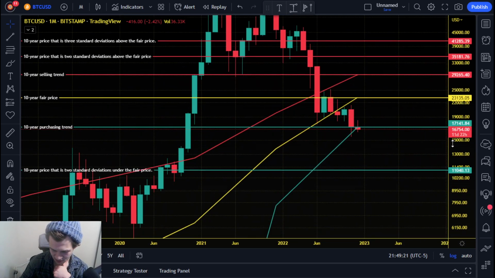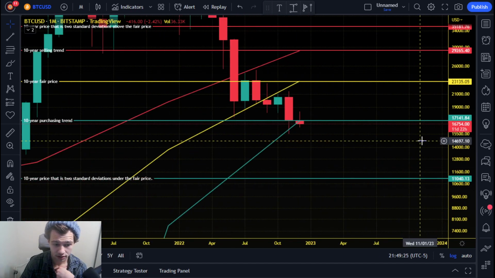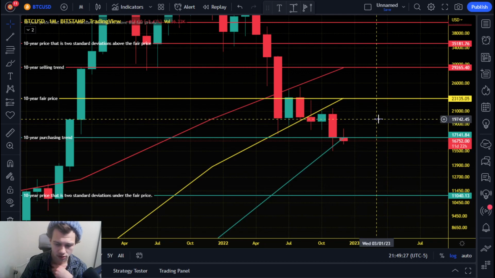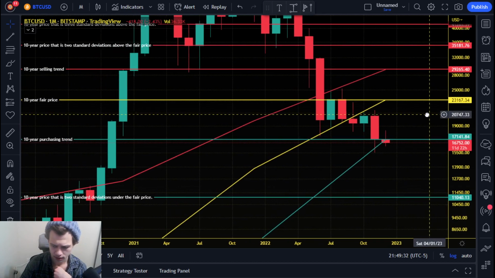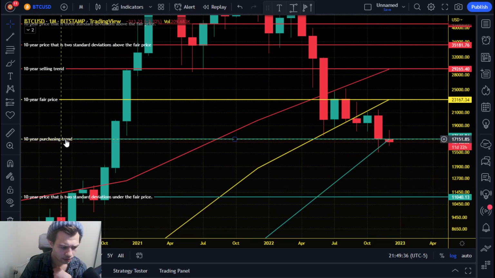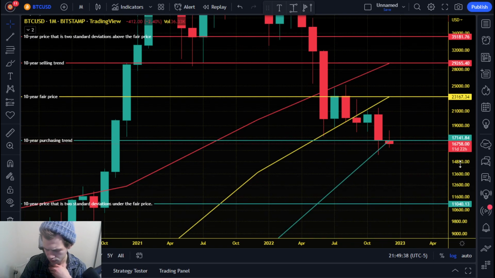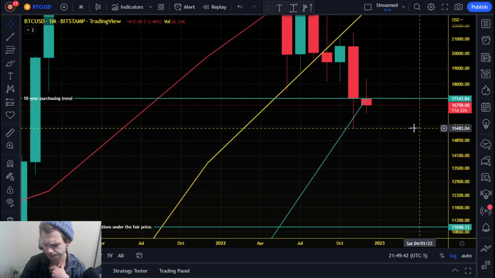So now we're just under value, so we're looking for longer term buyers in the auction. This is an auction process, with longer term buyers buying under the purchasing trend here, which is 17.1k.